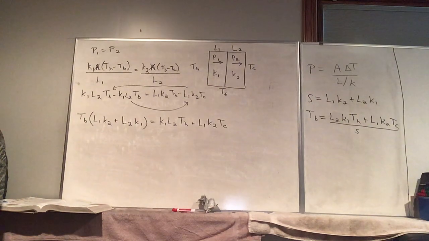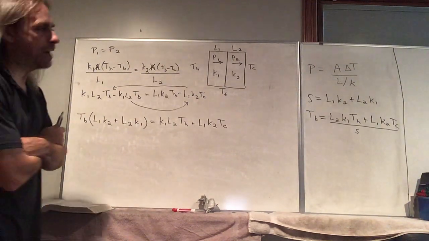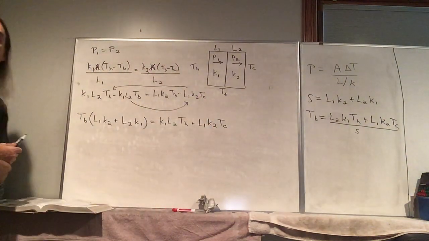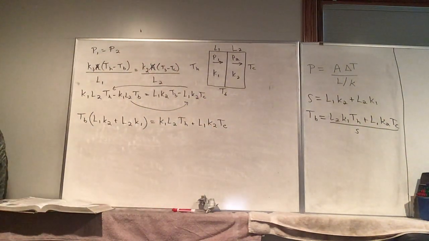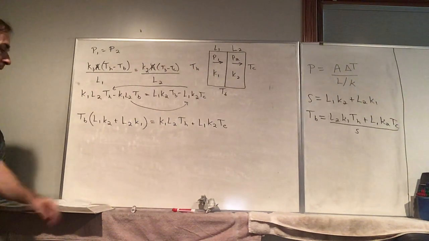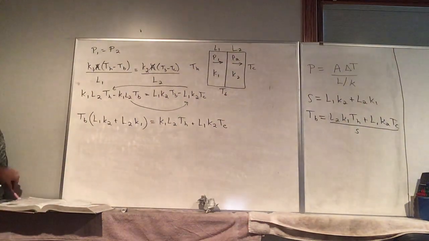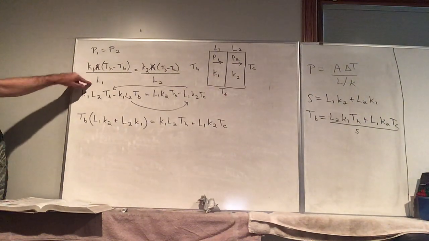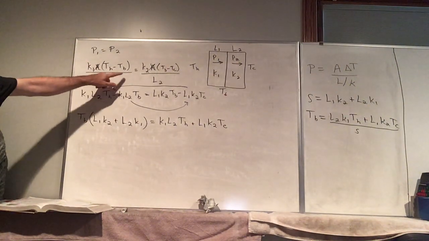So, yeah, then I'm going to erase things and try to leave enough board space. Again, there's a lot of steps involved, so one mistake anywhere can screw everything up. So what I'm going to do is check everything, make sure it's right, and then we can move on. So I start with K1A over L1.